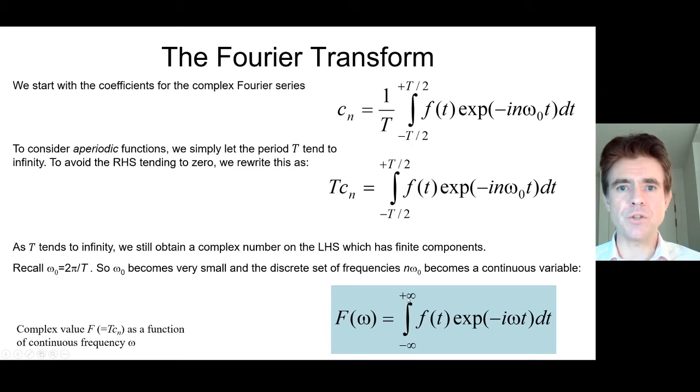And then the other change is the one we've pointed out, which is T Cn. We have a dependency on n, which is now reflected by a dependency on omega here. And then T Cn: C was a complex number, T was the period.